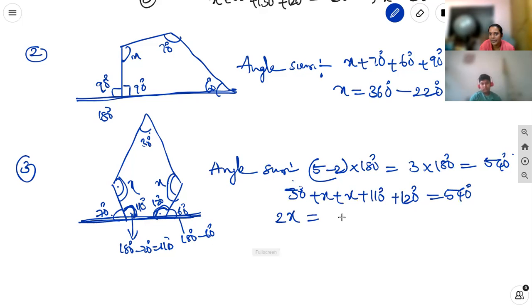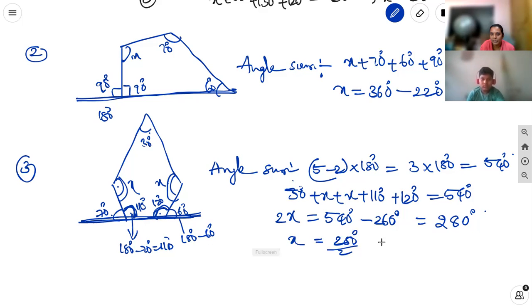So 2x equals 540 degrees minus 260 degrees, since 30 plus 110 is 140 and 140 plus 120 is 260. That gives 280 degrees, so x equals 280 degrees divided by 2, which is 140 degrees. Therefore x equals 140 degrees.